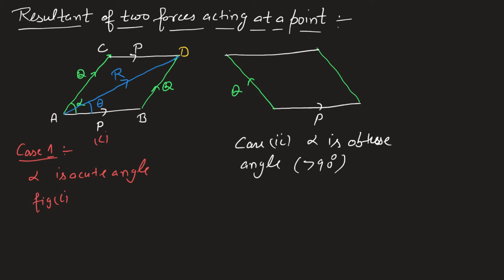So I am going to name the points now. Points will be same. This is A, B, C, D. Fine. And the resultant will be the same along the diagonal of the parallelogram, and it is given by R. Again, alpha is the angle between them.